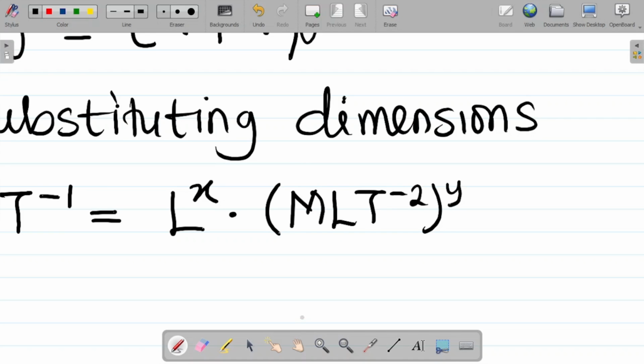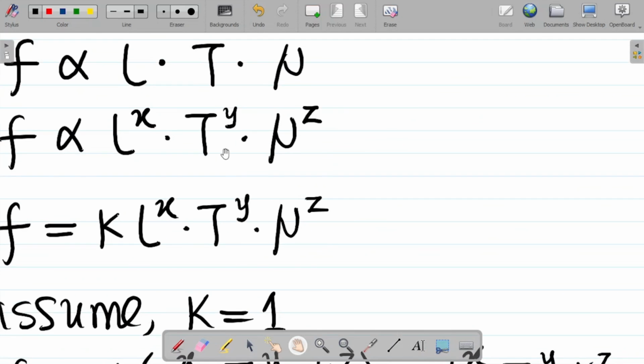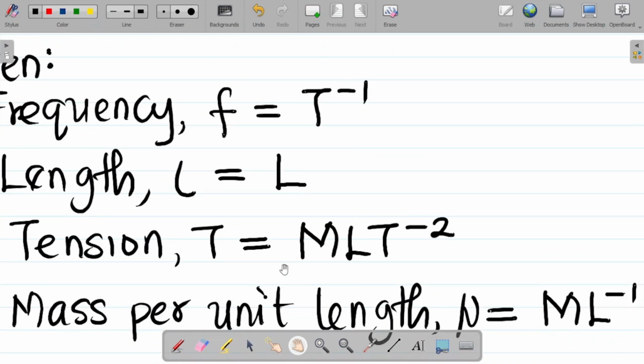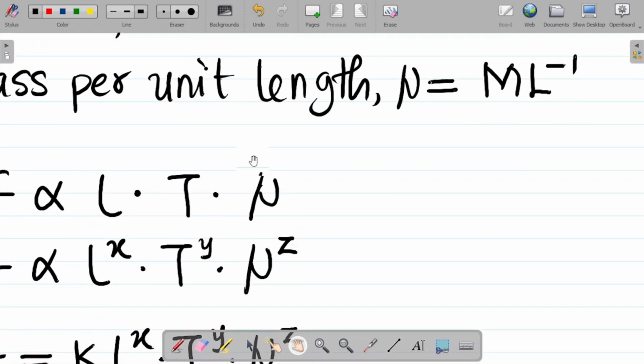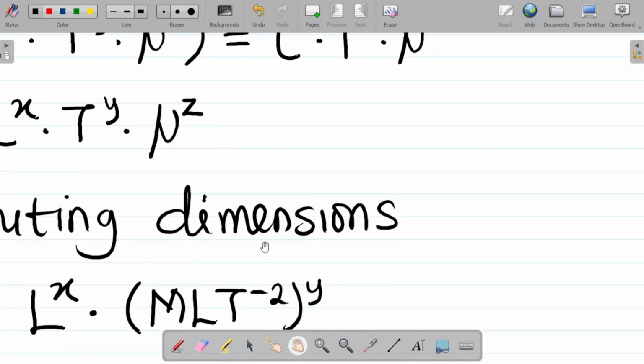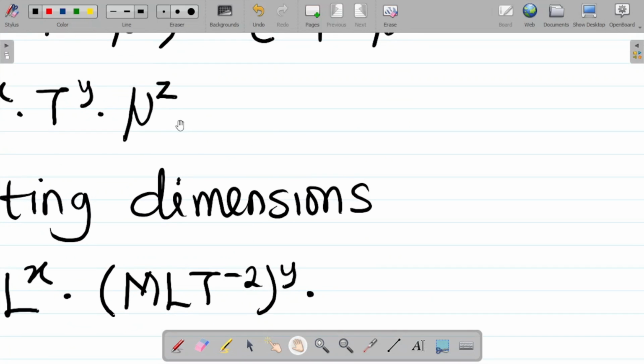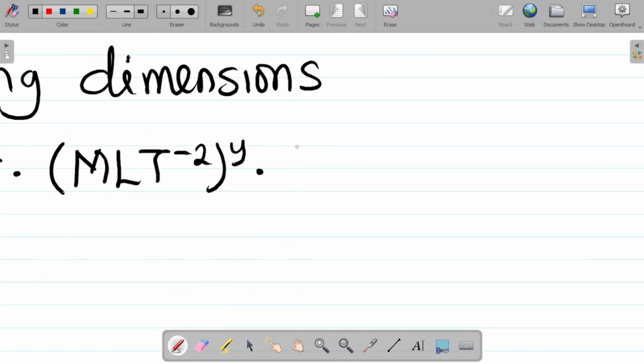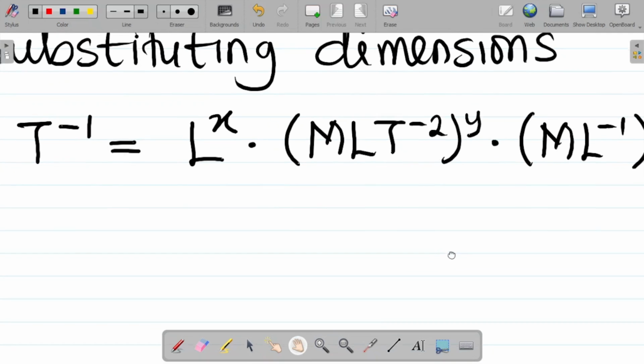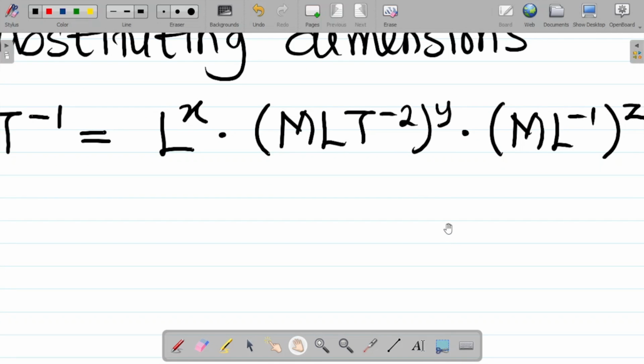This y, okay, so this was the dimension for t, right? mlt to the power minus 2, and then the last one there's mu dot, next in there's mu to power y, and we got mu as, the value for mu is ml to power minus 1, mass per unit length raised to power z. So we have this. All right, so we are now at this point after substituting the value of the dimensions.